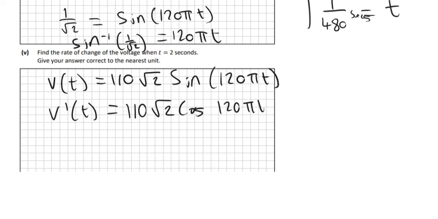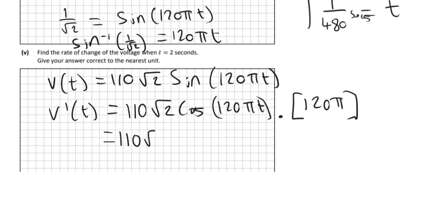And because there's a function within a function here, you have to use the chain rule. So you're going to multiply that by the differential of what's inside. If you drop the power of t down by 1, t is gone and you're just left with 120 pi. So 120 pi is a constant that's left. So you multiply all of that by 120 pi, so that's the same thing as 110 root 2 times 120 pi cos of 120 pi t.